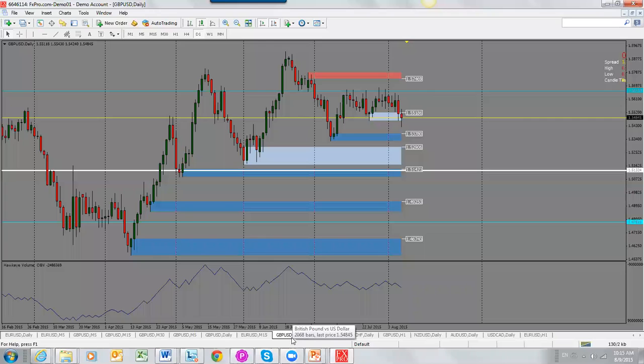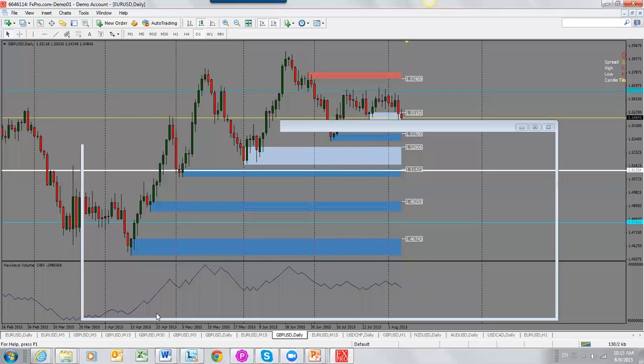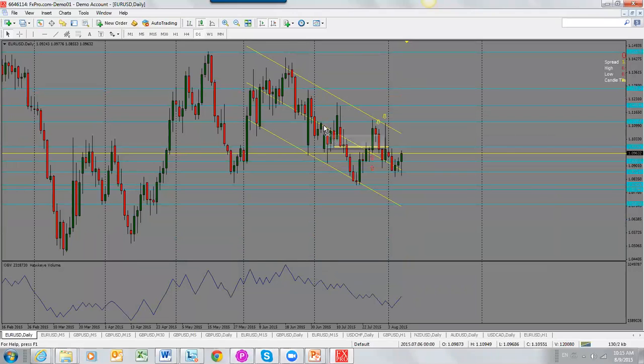So let's start with our Euro here. On my chart, I've marked my support and resistance areas on the daily chart, and these areas are quite good.